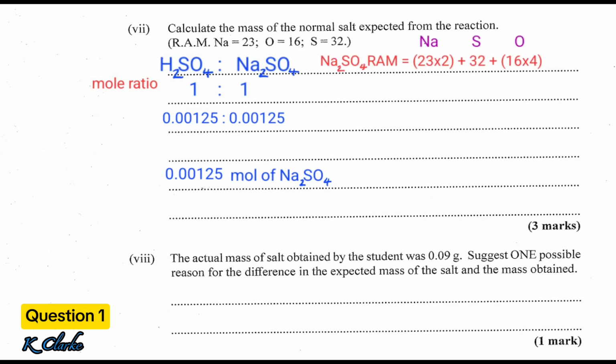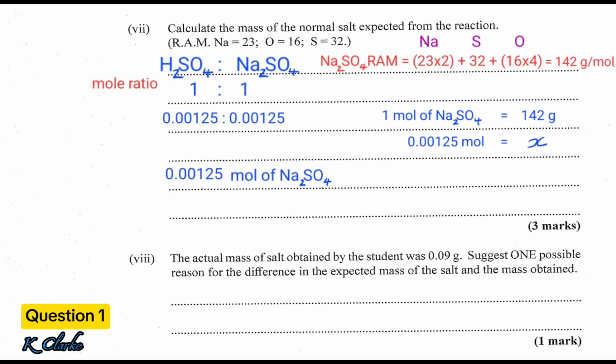Hence, sodium mass is 23, and since there are 2 sodiums, we multiply that by 2, plus the mass of sulfur 32, plus the mass of oxygen 16, and since there are 4 in the molecule, we multiply that by 4. This equals 142 grams per mole of sodium sulfate. 1 mole of sodium sulfate is 142 grams.